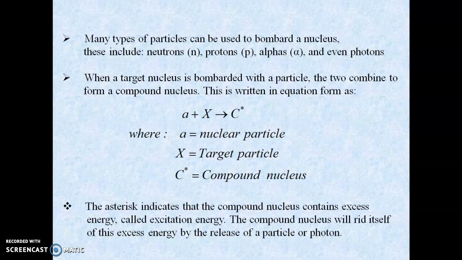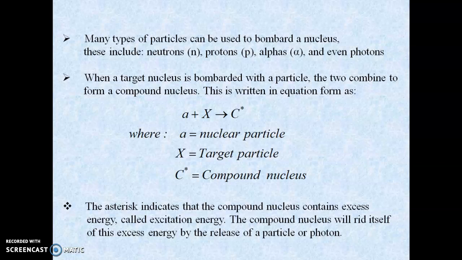This is written in equation form as A plus X forms a compound nucleus C*, where A is the nuclear particle, that means a projectile, X is the target nucleus, and C is the compound nucleus that is formed. The asterisk indicates that the compound nucleus contains excess energy, called excitation energy.